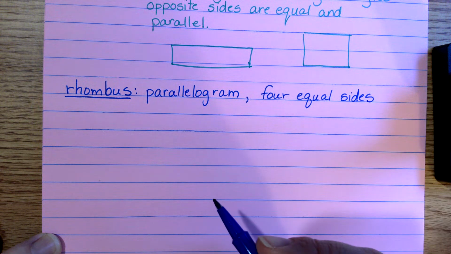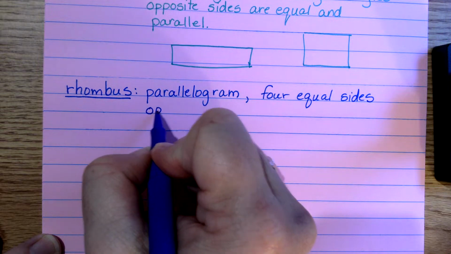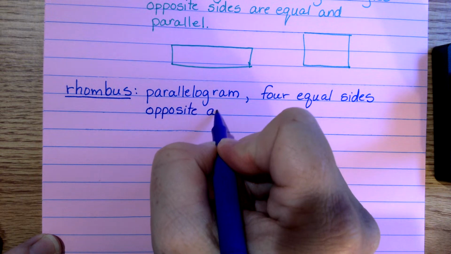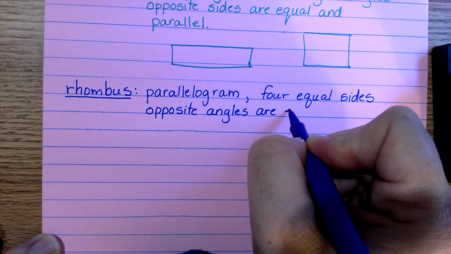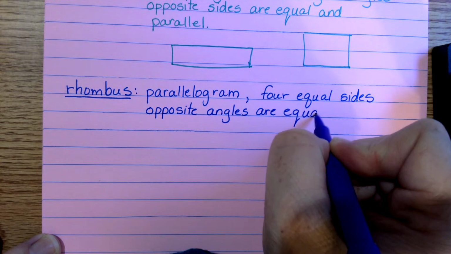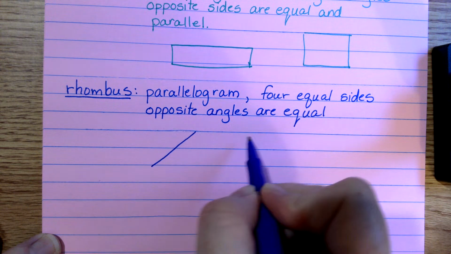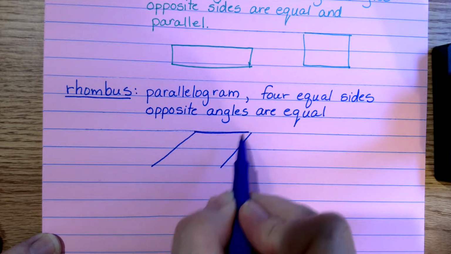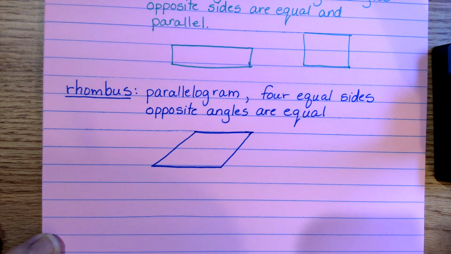And opposite angles are equal to each other. All right, so that is a rhombus, just like we had talked about before.